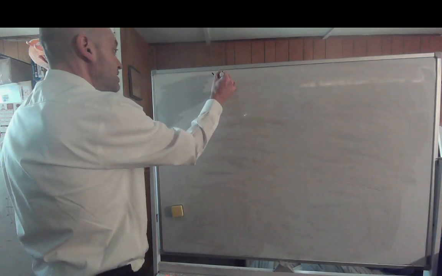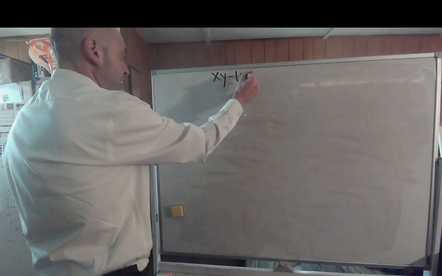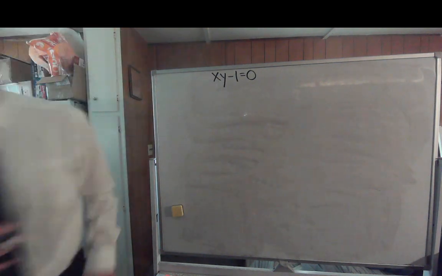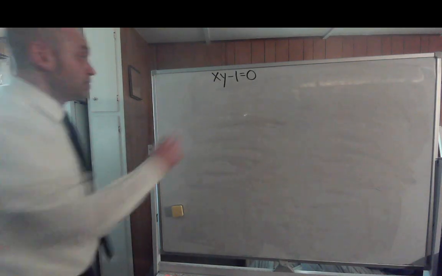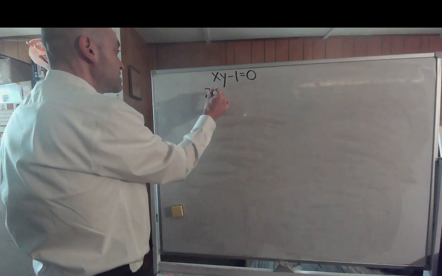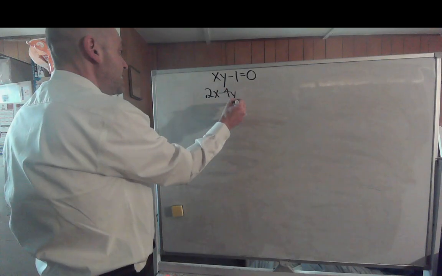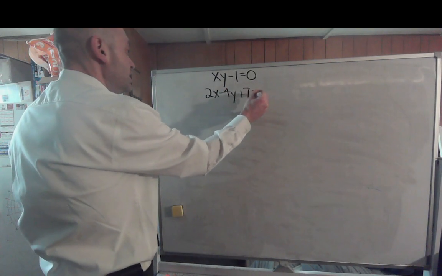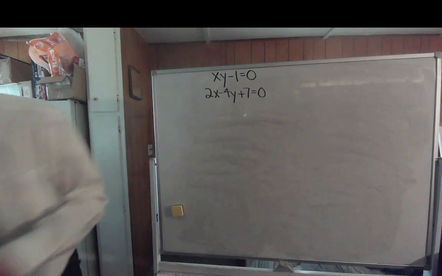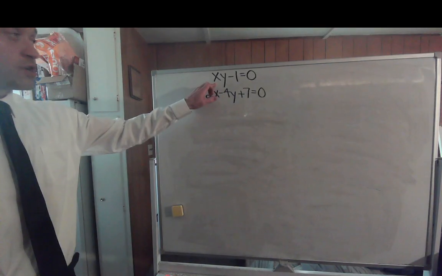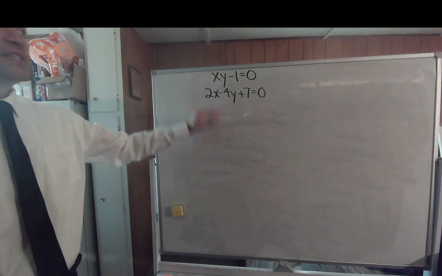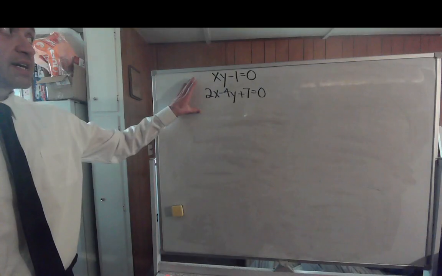So let's say you have xy minus 1 equals 0, and then you have 2x minus 4y plus 7 equals 0. So you have a rational curve and then you have a line. You need to see if and where they intersect.